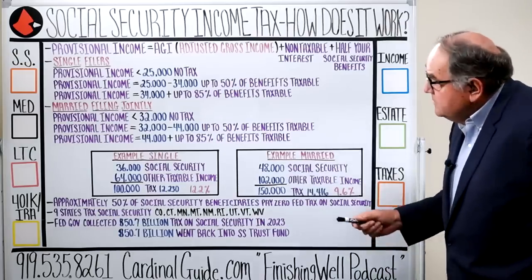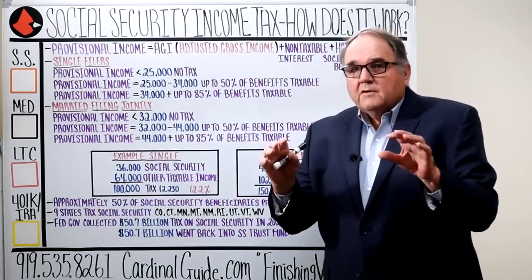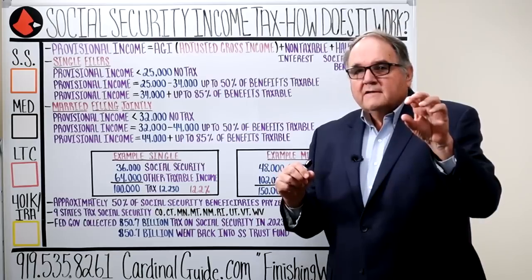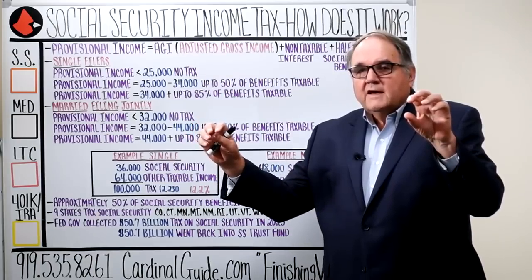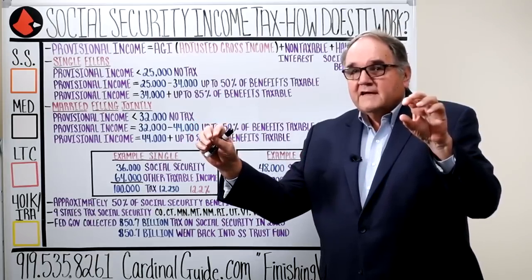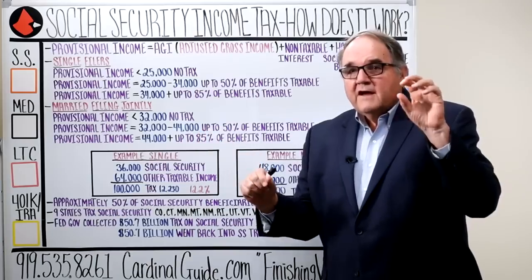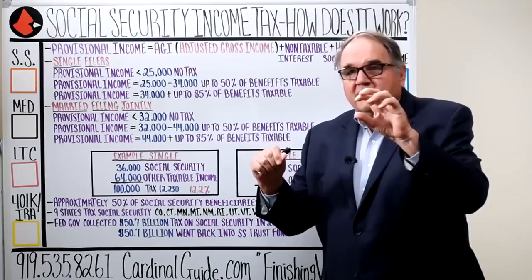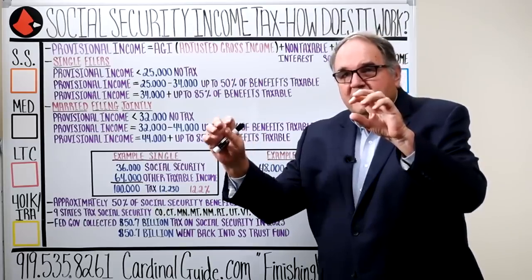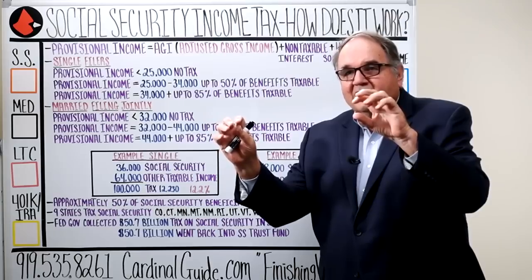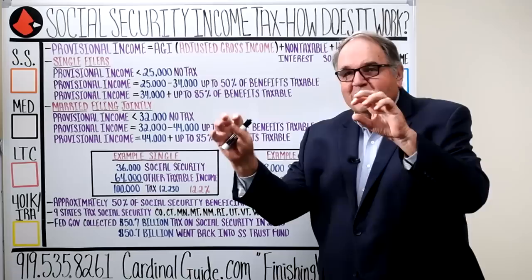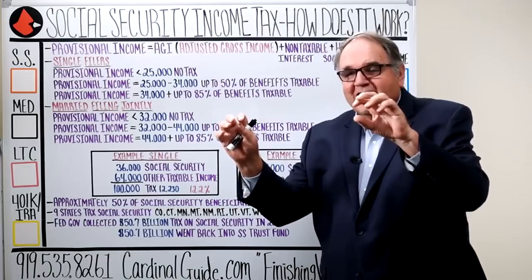Okay, so it's pretty simple: if you have Social Security only and no other income, you're not going to pay any federal tax at all. And if you have Social Security, and then you have some income, but it's not a lot, you're still going to pay no income tax at all on your Social Security and no income tax on your income.